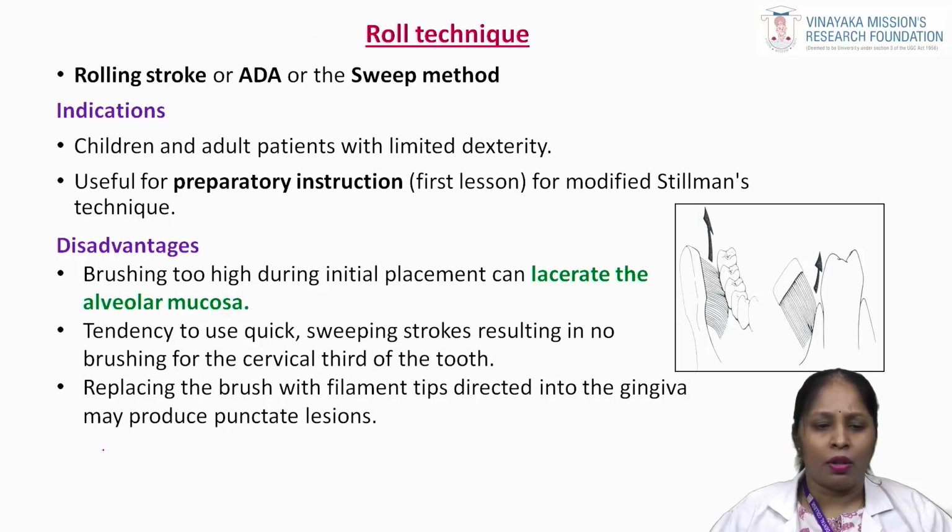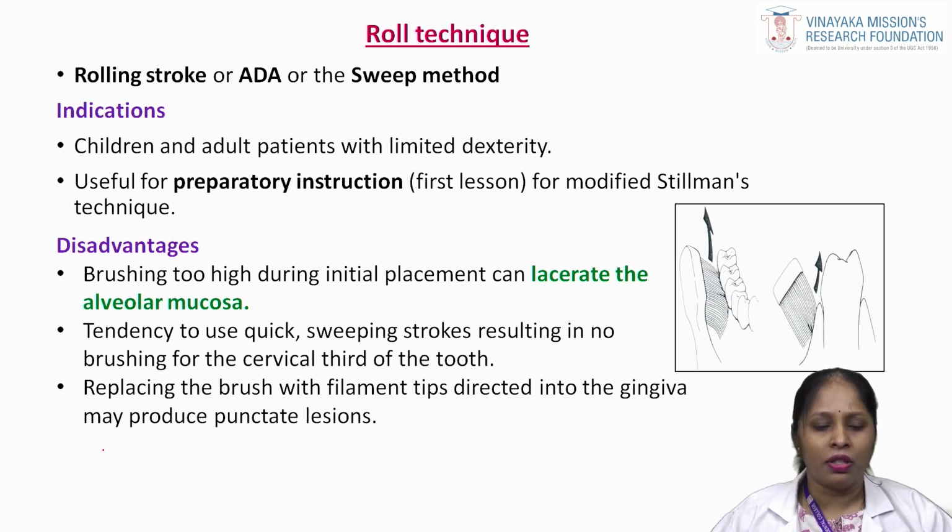The next technique is the roll technique, also called the rolling stroke, ADA, or the sweep method. This technique is mainly indicated in children and adult patients with limited dexterity. It is useful for preparatory instructions, that is, as a first lesson for the modified Stillman's technique.